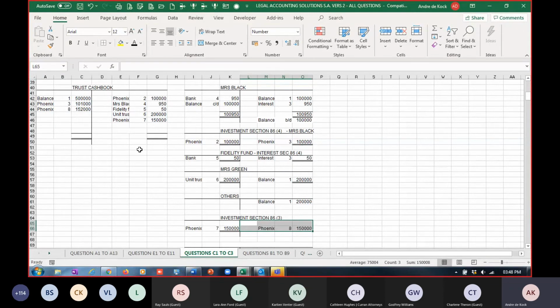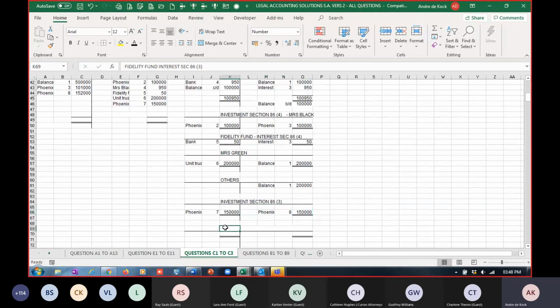So I credit the investment. And then I open an account for the Fidelity Fund, interest in terms of Section 86.3, and the other 2,000 I credit here, showing that I now owe the Fidelity Fund the 2,000, and then it says I issue an EFT for the 2,000. Who do I pay it to?